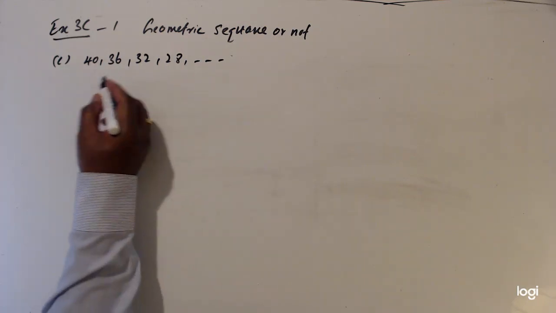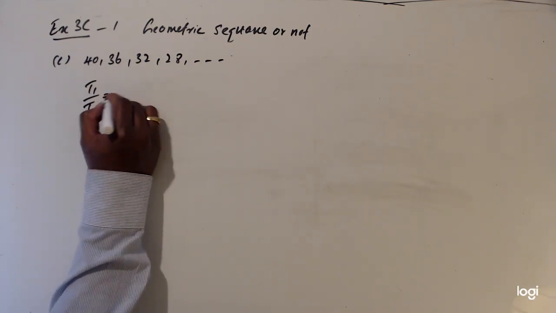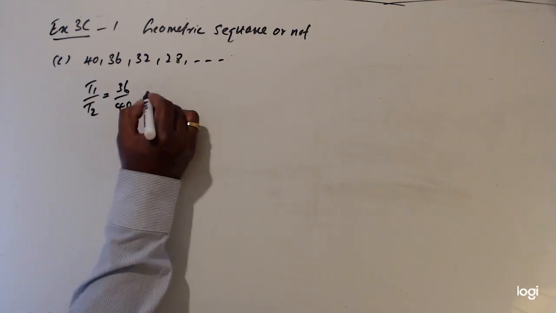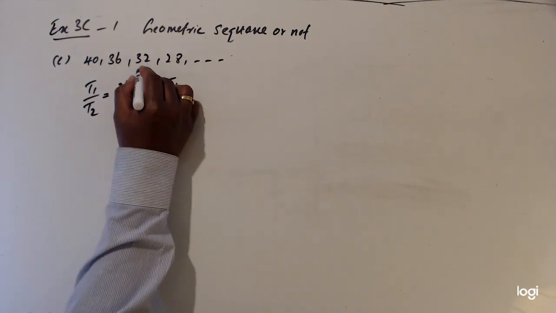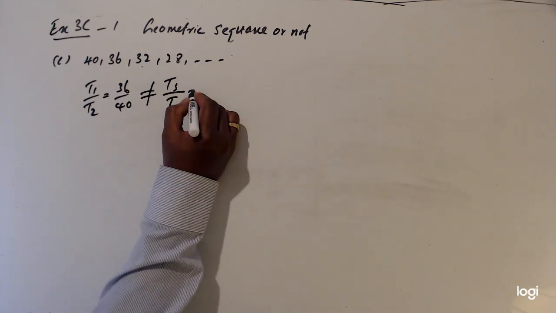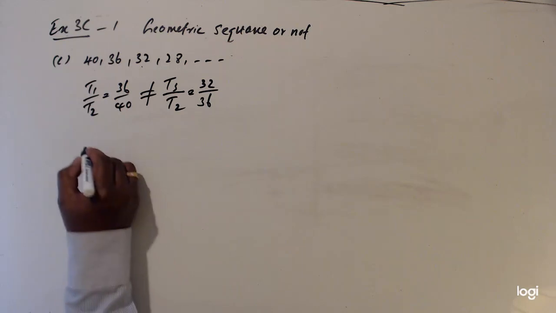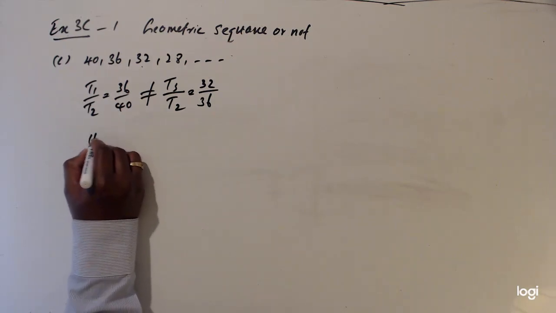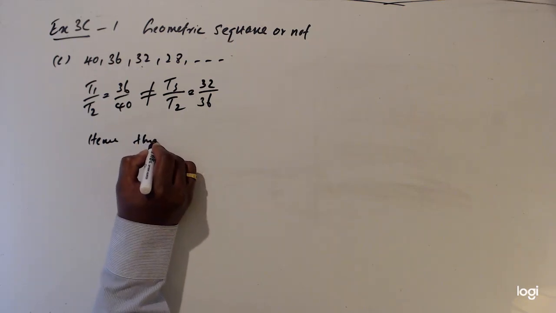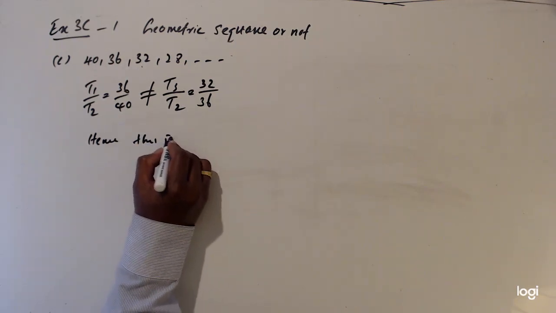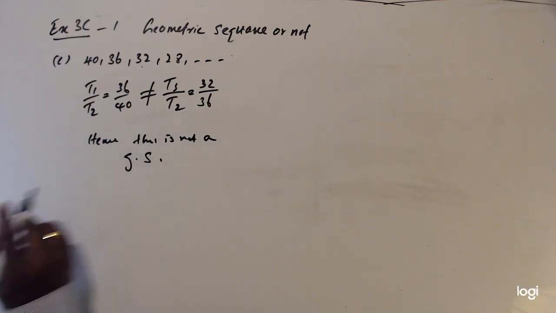So term 2 over term 1 equals 36 over 40, which is not equal to term 3 over term 2, that is 32 divided by 36. Hence, this is not a geometric sequence.